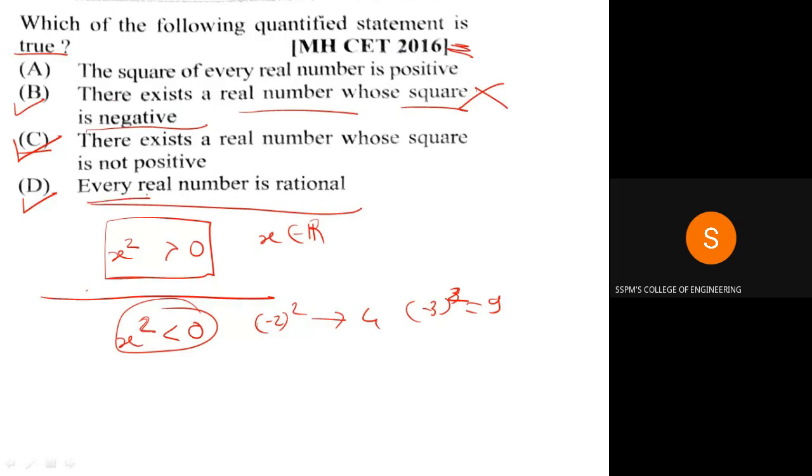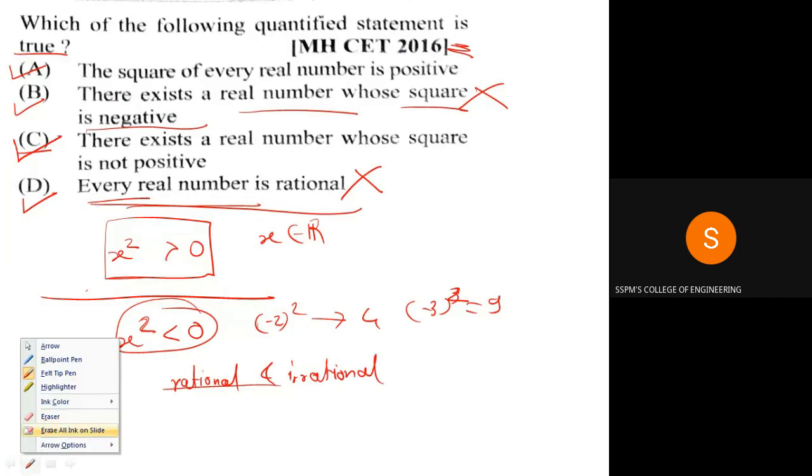No, we have already seen that some numbers are rational and some are irrational. So this cannot be true. This is false. So we now have to check the first statement and the last statement.